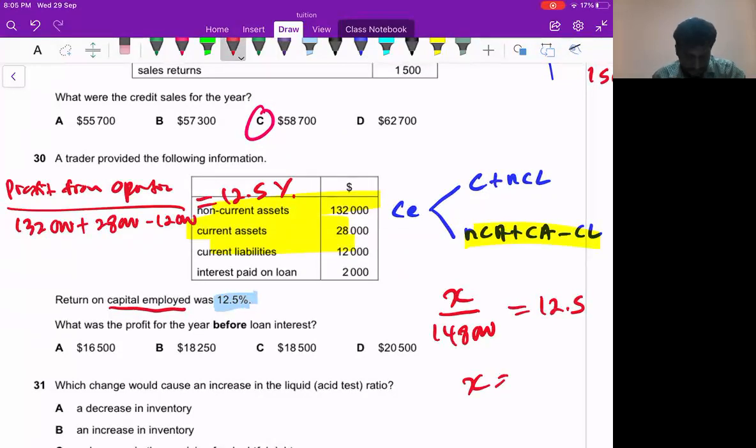Anyone? Wait, let me double check. 132,000 plus 28,000 minus 12,000. I get 148,000, correct?